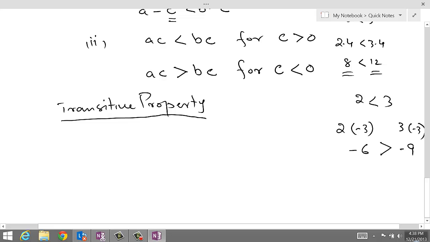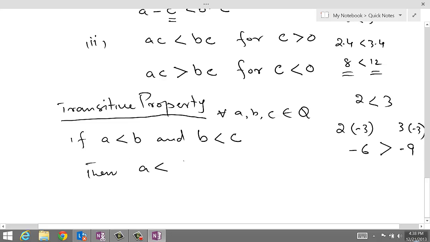The transitive property is, for all a, b, c belonging to Q, which means for any 3 rational numbers, if a is less than b and b is less than c, then a is less than c without any reference to b. Just like 2 is less than 4 and 4 is less than 6, this means 2 must be less than 6 as well.